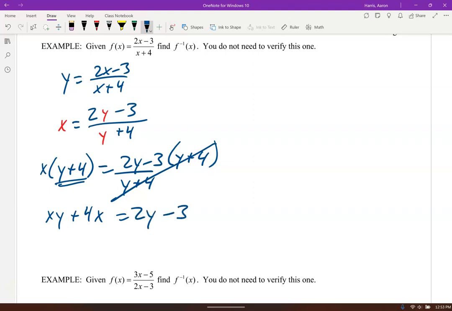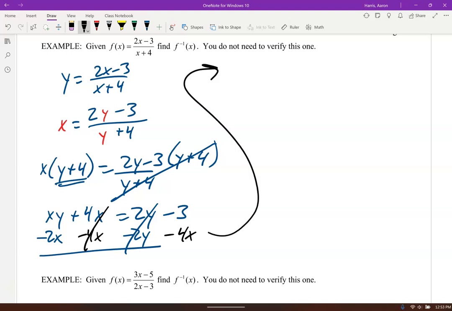Now I'm going to get all my y's on one side, and I'm going to get my x's on the other side. So let me subtract the 4x and take it to the other side. So what I have here is xy minus 2y. That's supposed to be a y right there, sorry about that. Xy minus 2y equals negative 4x minus 3.